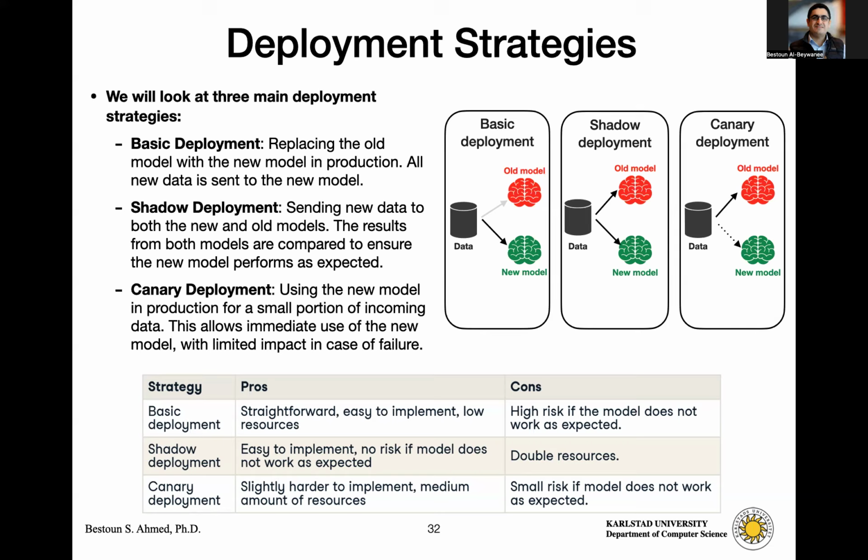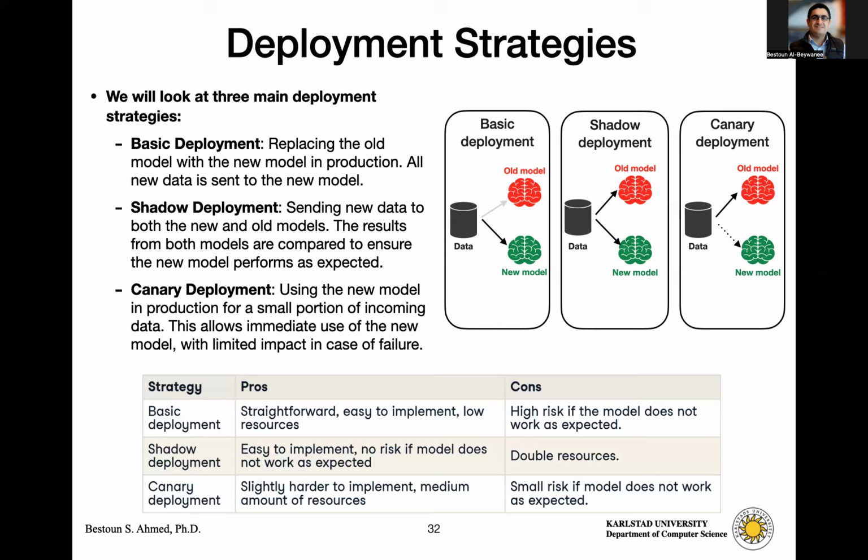You just replace it. You have a model now working on your system. You just put in the new model when you train it with the new data and you think that everything is okay. You just switch on and off. You remove and archive the old model, and you put the new model in production.